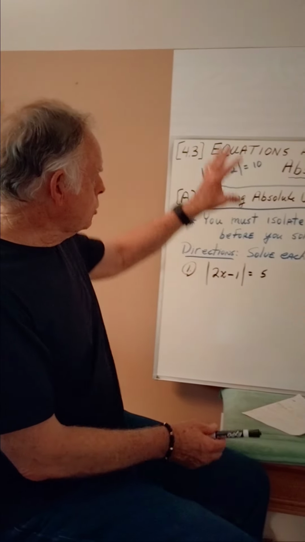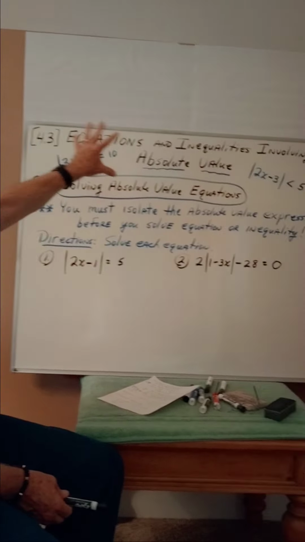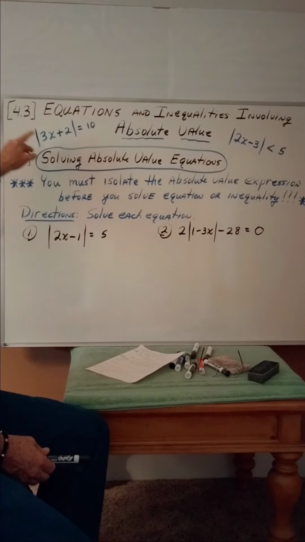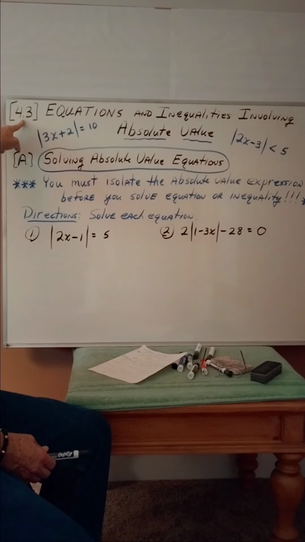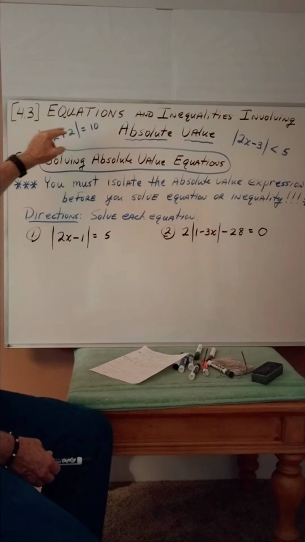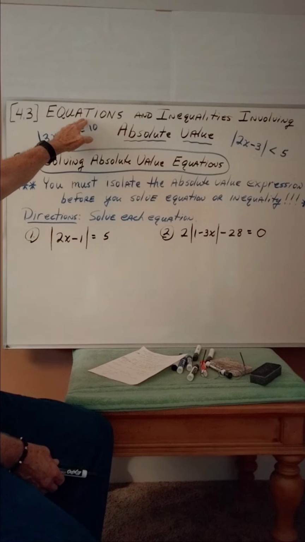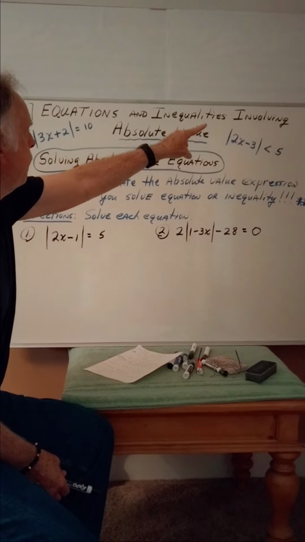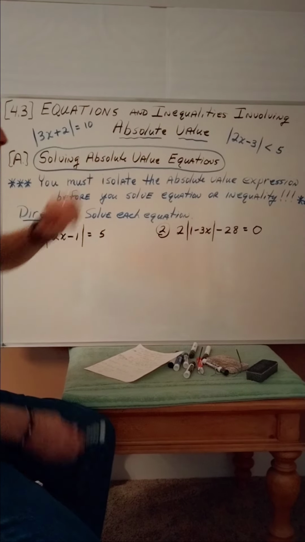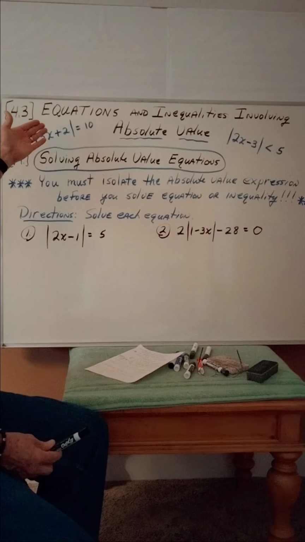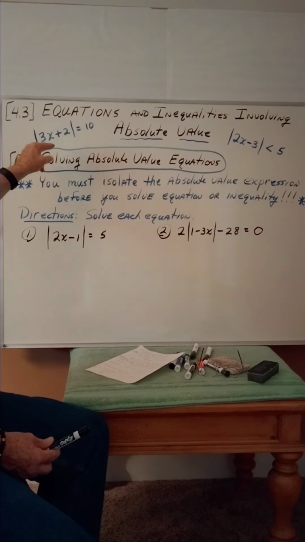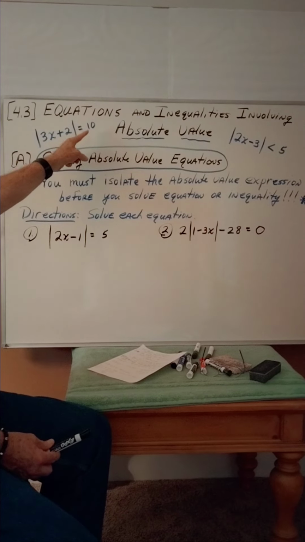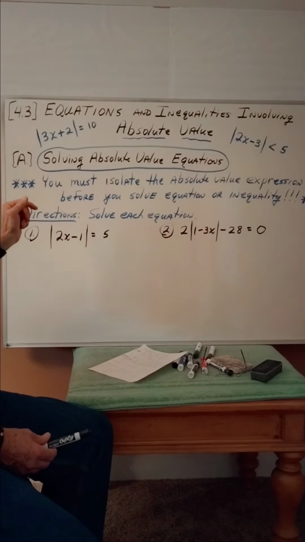So just looking up here on the top area of this board, I want to define what 4.3 is going to be dealing with. We're going to be solving equations and inequalities involving absolute value. An equation that we will be coming to shortly that will involve absolute value will look like this kind of structure.